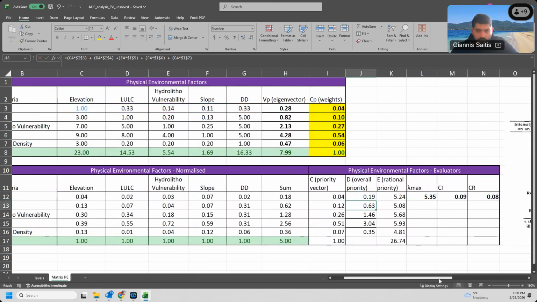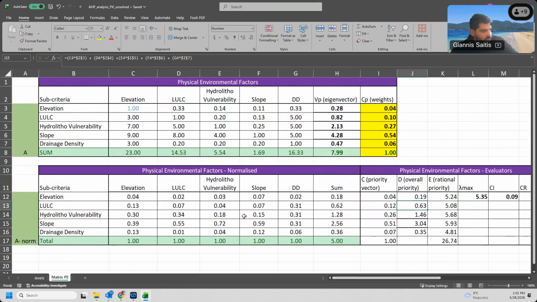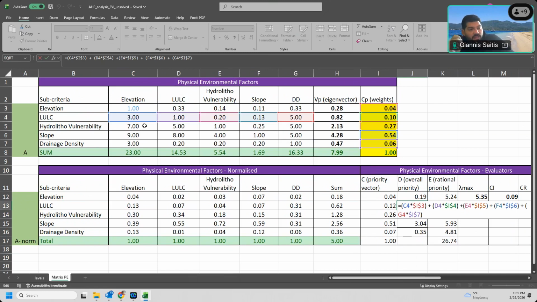And this is vertical and horizontal. It's okay. Let's say, for example, the overall priority for the land use land cover, which is 0.63, is provided by the value, not the normalized, the value that we put, times the weight that this criteria got at the end.